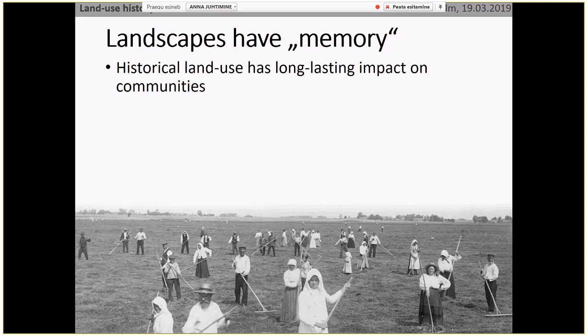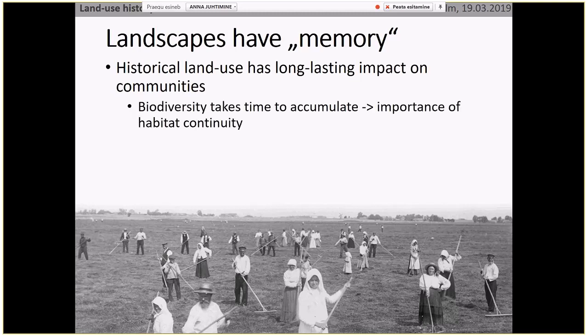So in short, landscapes have memory. Historical land use has a long-lasting impact on communities and on biodiversity, even if the landscapes or the land use have changed very much. The impact of those historical activities is still visible.